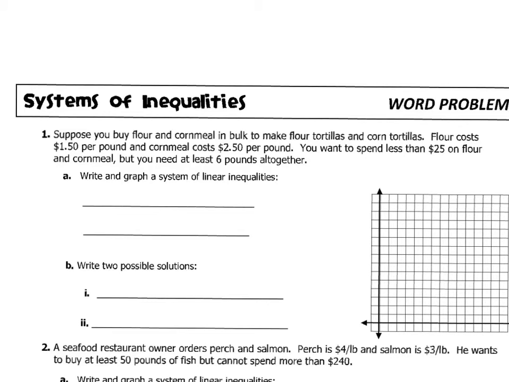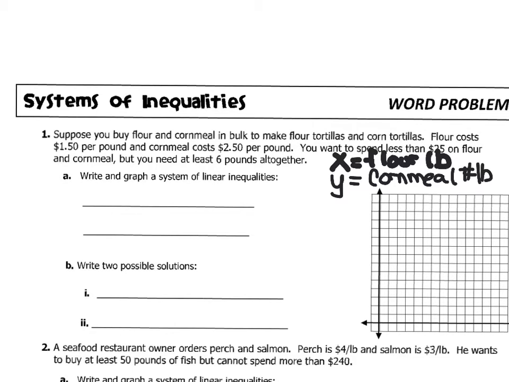Let's let X be the number of pounds of flour, and then Y is going to represent the number of pounds of cornmeal.